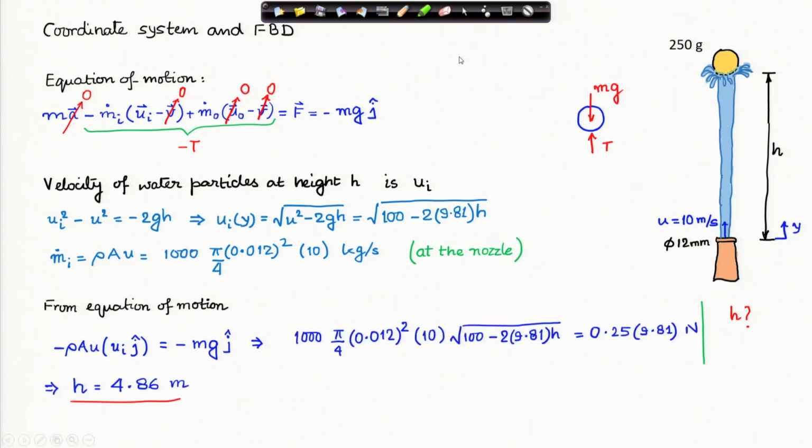And if you plug in the values and do this calculation, which is straightforward, the height comes to 4.86 meter. That means this ball will remain suspended in steady state, expectedly, at 4.86 meter.